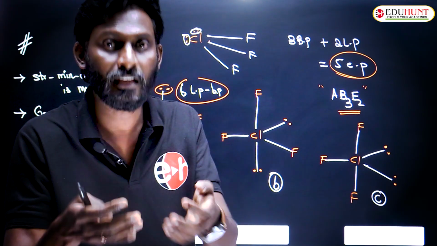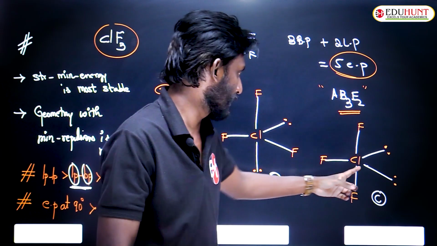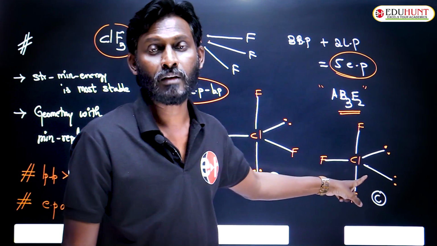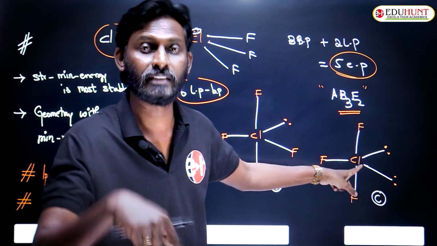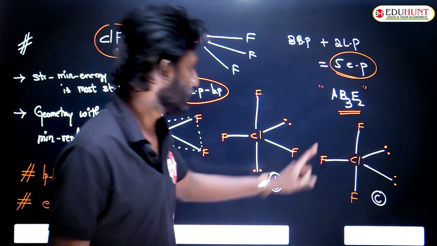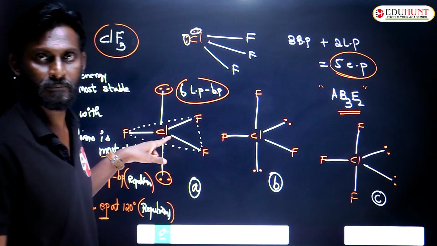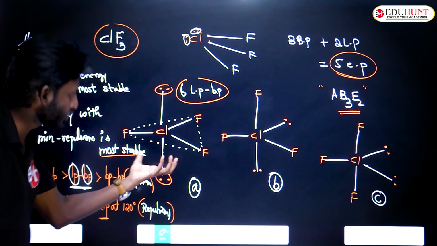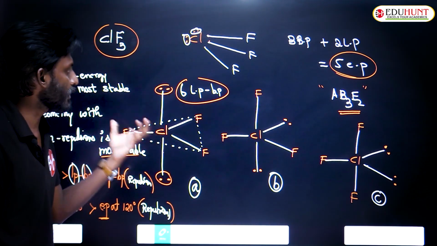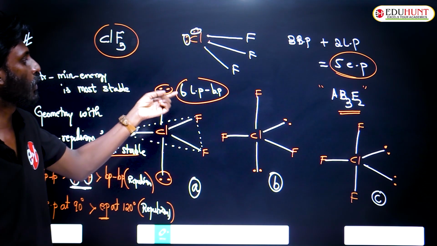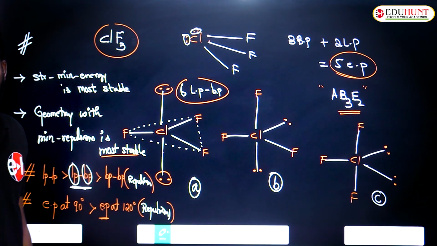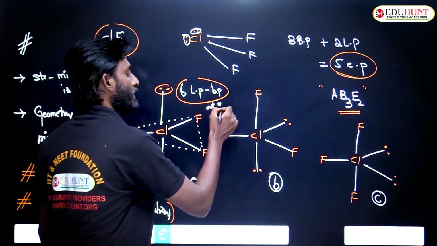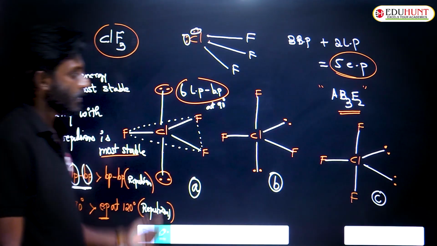Scientists have determined practically that ClF3 exists like this. But we are going to explain theoretically why this is stable among the 3. Now, I ruled out one structure because of 6 lone pair, bond pair repulsions, all at 90 degrees.